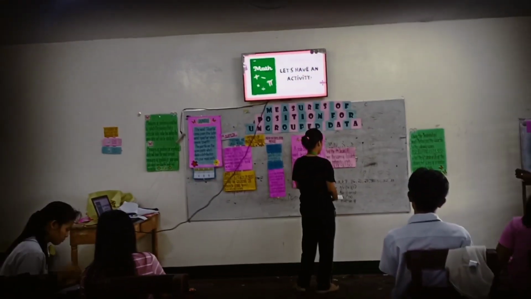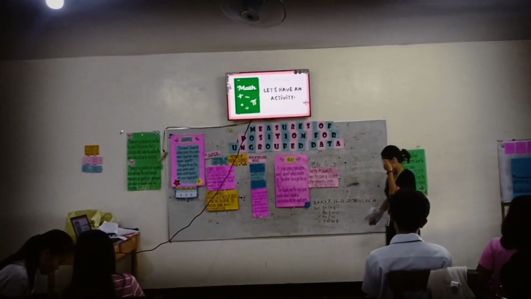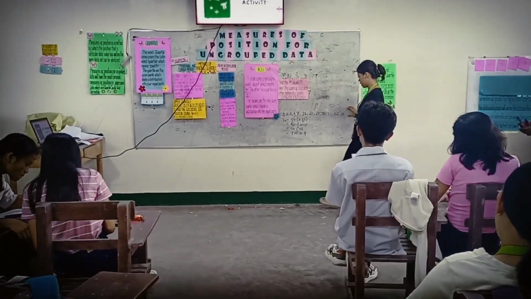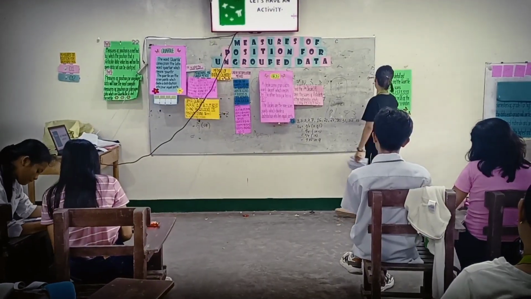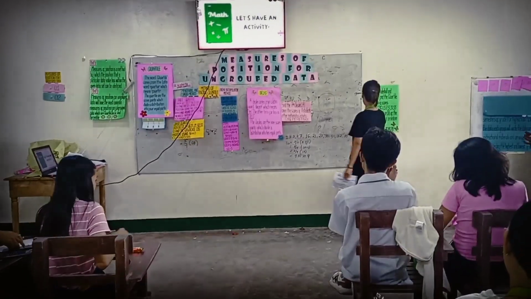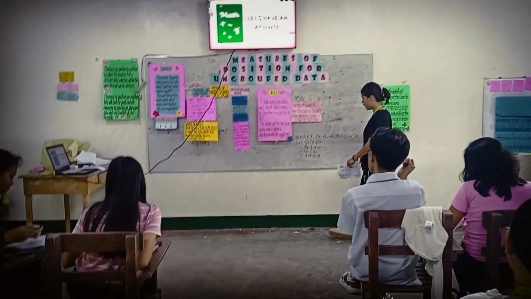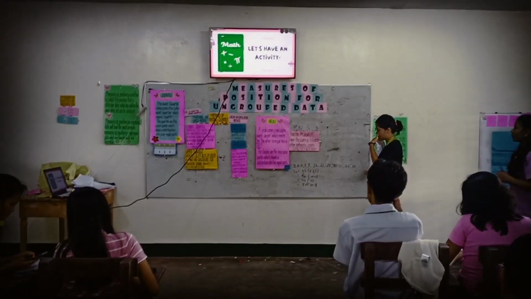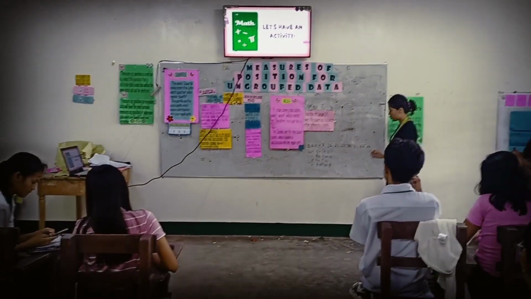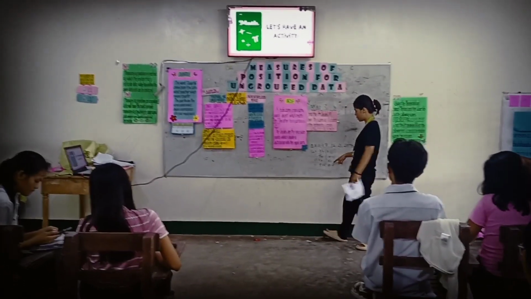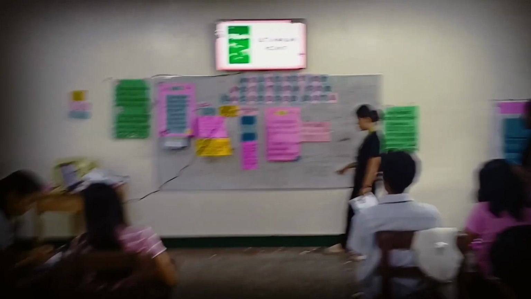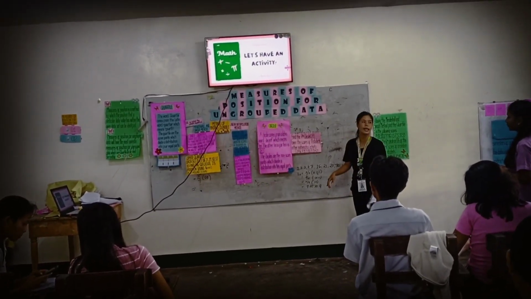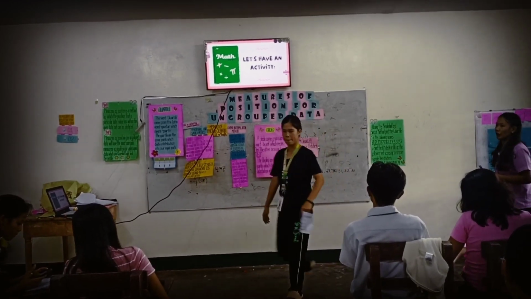First we arrange the data in ascending order. These are our data, and the formula for getting quartile 3 is Q3 equals 3/4 times n plus 1. Since the data are 12, 12 plus 1, 3/4 times 13 is 9.75. So we are going to round, so it is approximately 10. Very good, Miss Kalanto. Thank you.